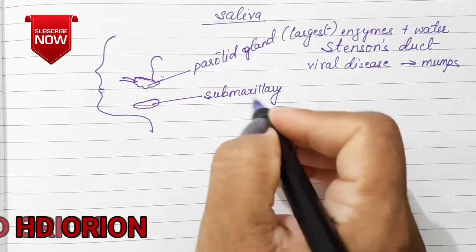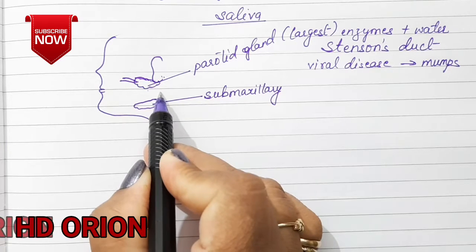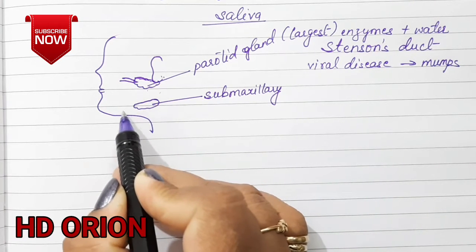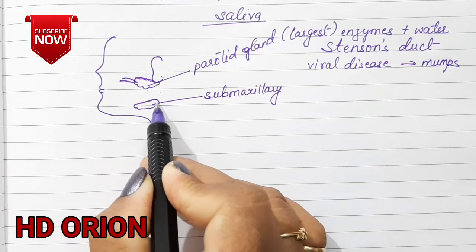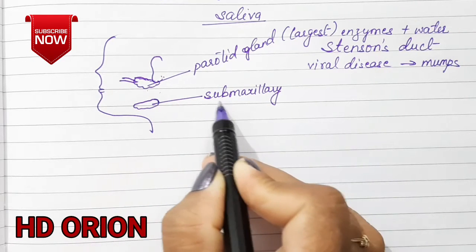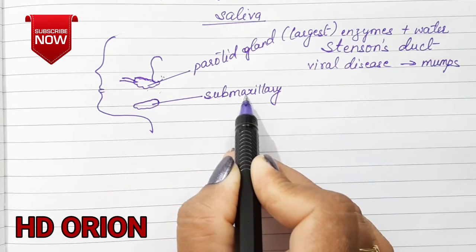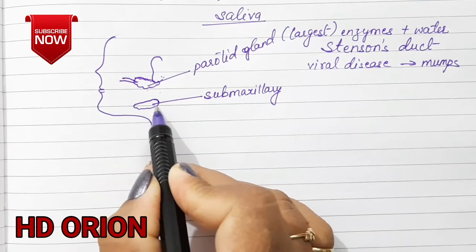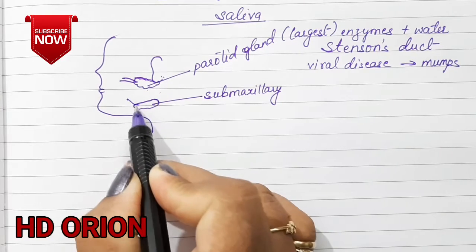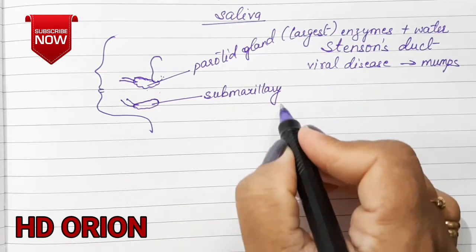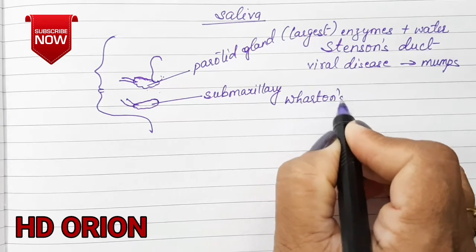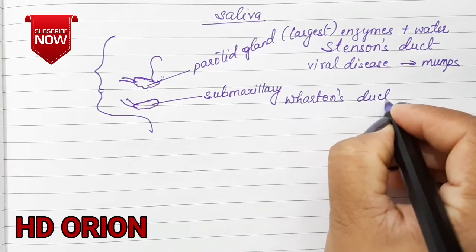Since it is present at the angle of the jaw, where the upper jaw is known as maxilla and the lower jaw is known as mandible, it can be called either submaxillary or submandibular. This is the gland that is present over here and it releases its secretion by a duct known as Wharton's duct, again named after the scientist.